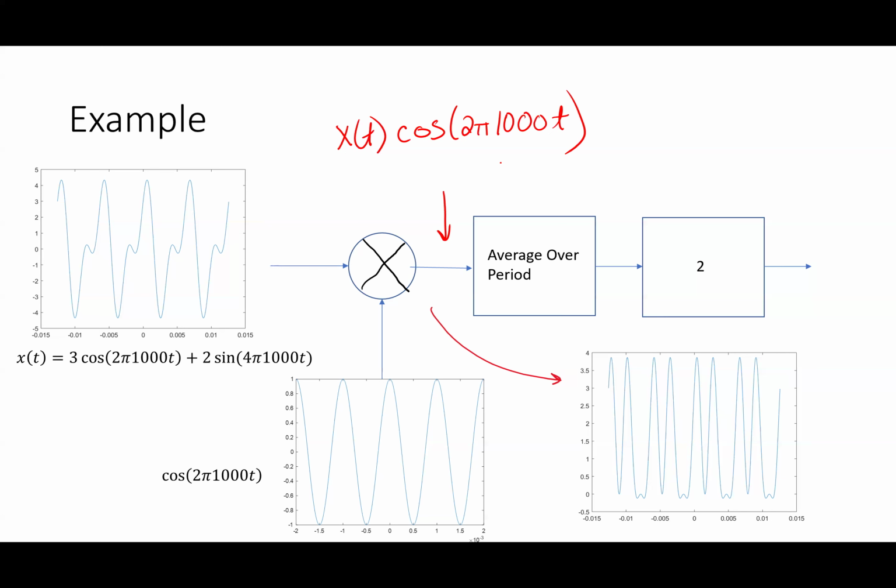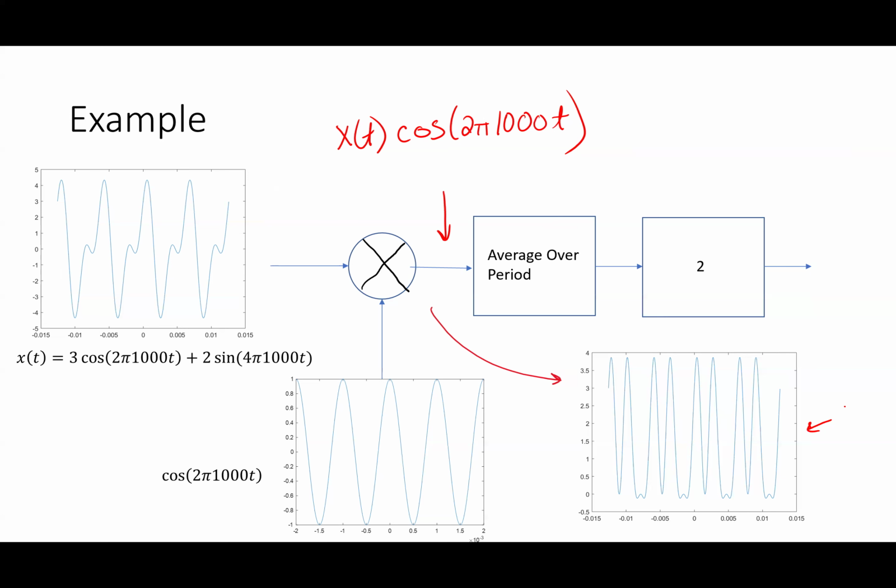This is cosine 2 pi 1000 t. I multiply that by this. If I look at that waveform, it looks like this. Right here. Right? Now, looking at this guy, it looks like he goes from a little bit below 0 all the way up to almost 4. Right? Almost to 4. So what I then do is I take the average over a period of that thing. So let's think about that for a second.